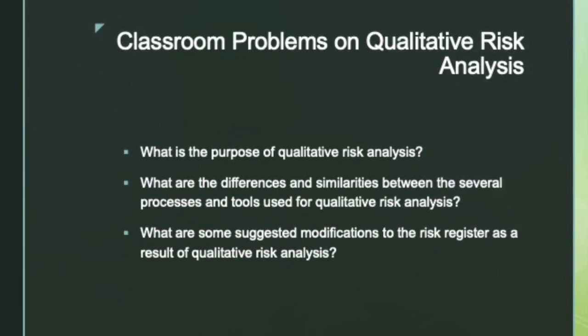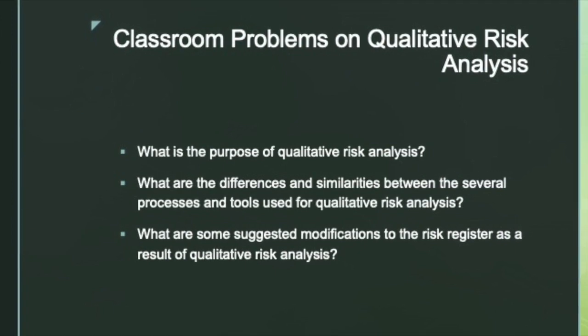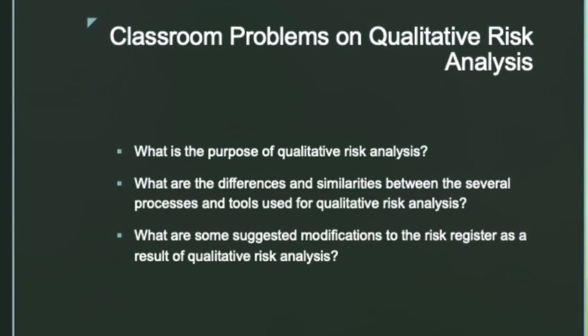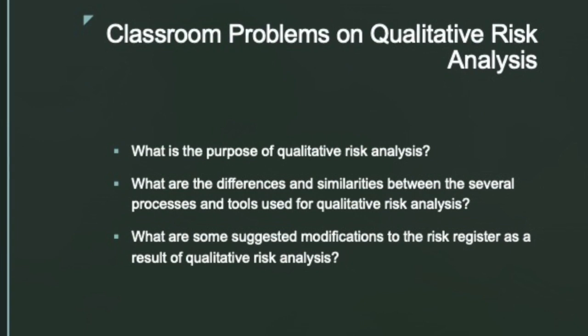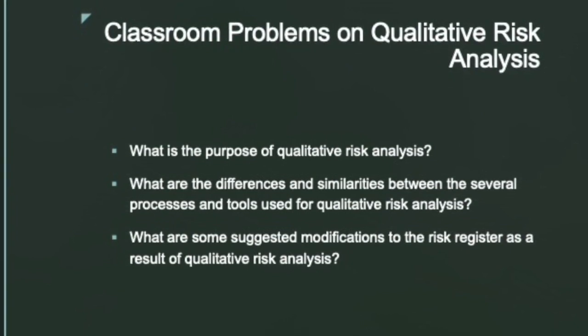Again, we want to gauge the understanding of when it's right to use one tool over another or use multiple tools. And another interesting question is, what are some suggested modifications to the risk register as a result of qualitative risk analysis? We saw an example of that in the example we just discussed.